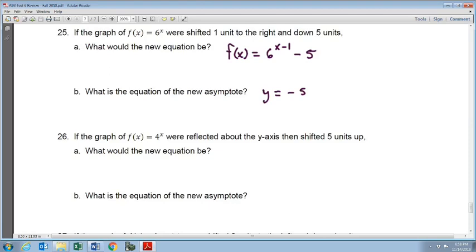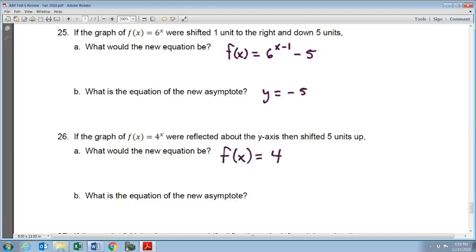All right, on number 26, it says if 4 to the x were reflected about the y-axis, then shifted 5 units up. Well, let's see. Reflected about the y-axis, that means we need to put the minus with the x as opposed to putting it out front.